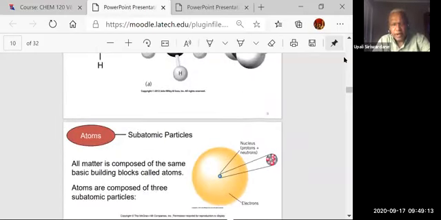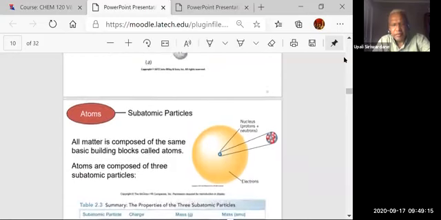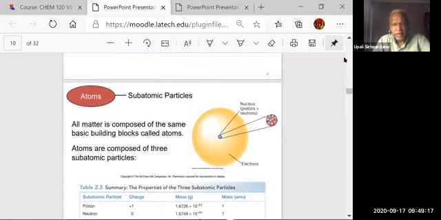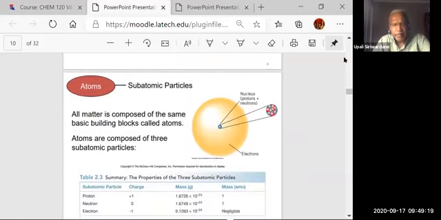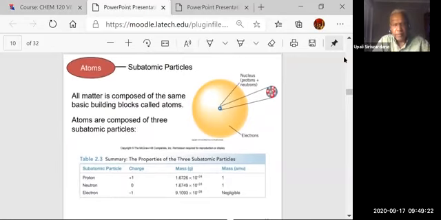Now coming to atomic structure. An atom is made out of subatomic particles. The particles are protons, neutrons, and electrons. Protons are found in the nucleus, and neutrons also. A proton has a positive charge, a neutron has no charge.